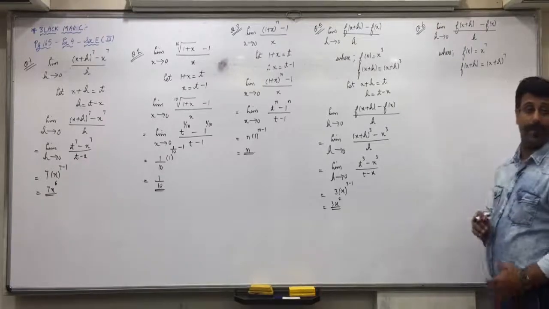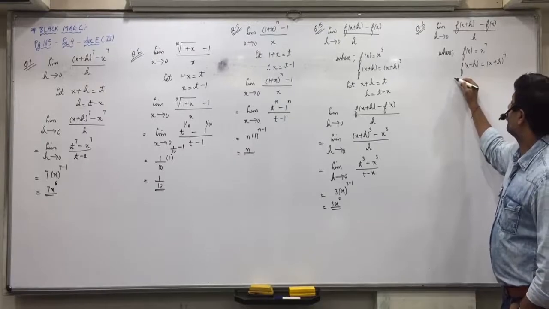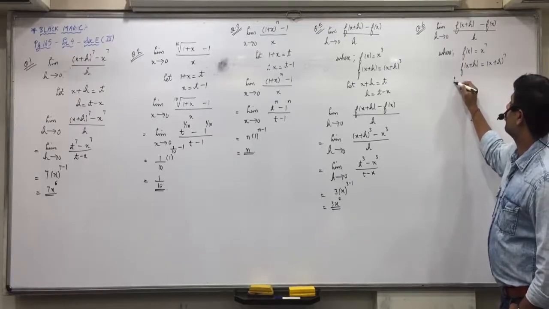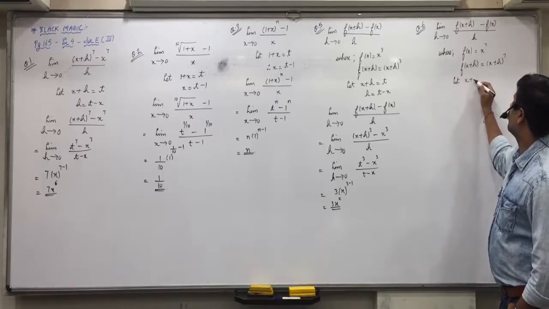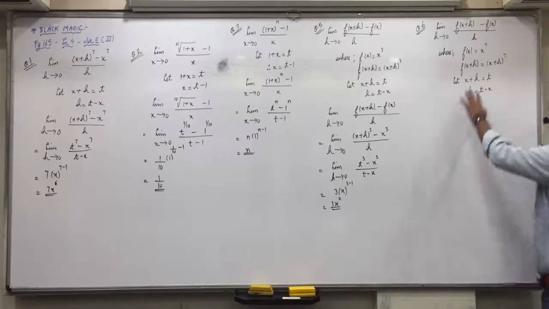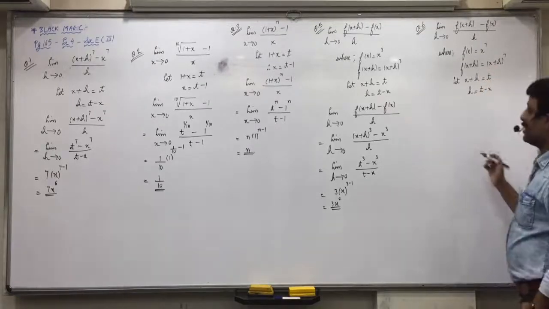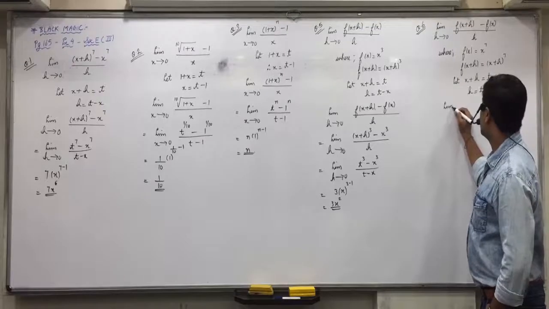And further, let x plus h be equal to t. Now we take x plus h equals t, so h will be equal to t minus x. Now we solve the whole limit.